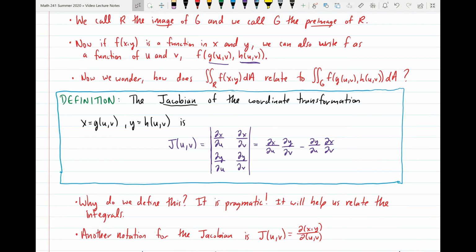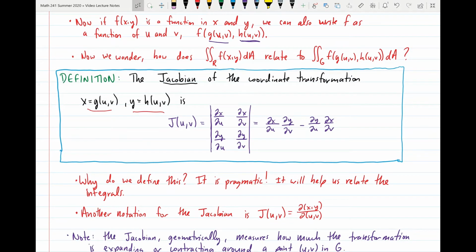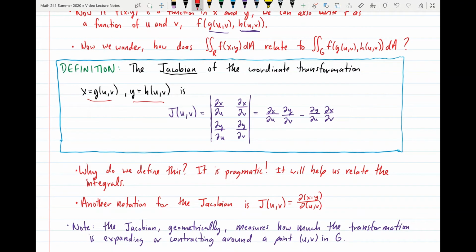So the Jacobian of some coordinate transformation given by x is equal to g of uv and y is equal to h of uv is defined to be the determinant of a 2 by 2 matrix where each of the entries is a different partial derivative. The first entry is the partial derivative of x with respect to u.